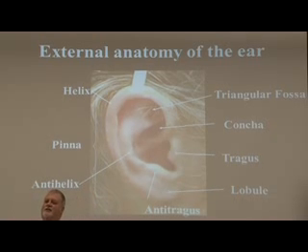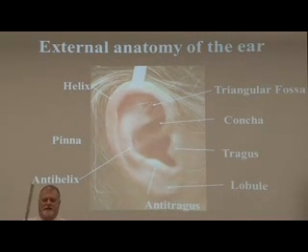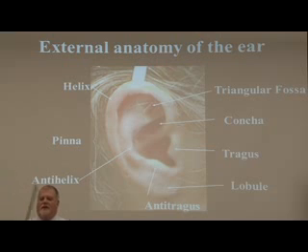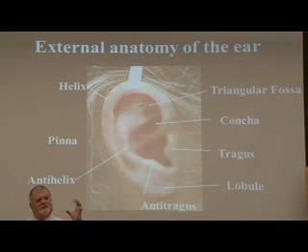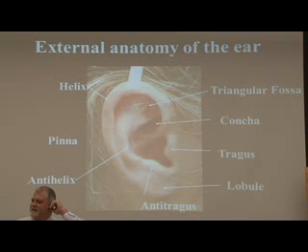If you went to the MAC downtown and looked at some of the exhibits on early life in Spokane, they had these long funnels that were curved like this. Those were the first hearing aids. They would stick the end of the funnel in their ear, and it would make your ear 4 or 5 times larger than it really is. So it would funnel more sound waves into the ear. It's pretty cool, right?